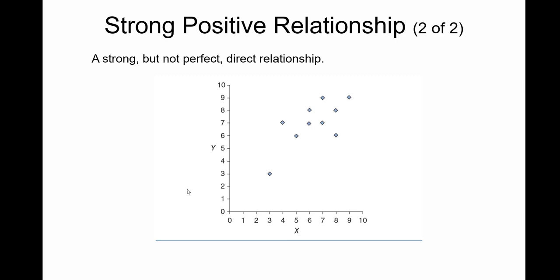So what you might see is something more like this, where we have maybe somebody hanging out over here, but generally the dots are going this way. So if I draw a line with the scatter plot, and you may remember that from your previous math class called the line of best fit, where you try to hit as many dots as possible, you'll see that this is also a positive correlation.